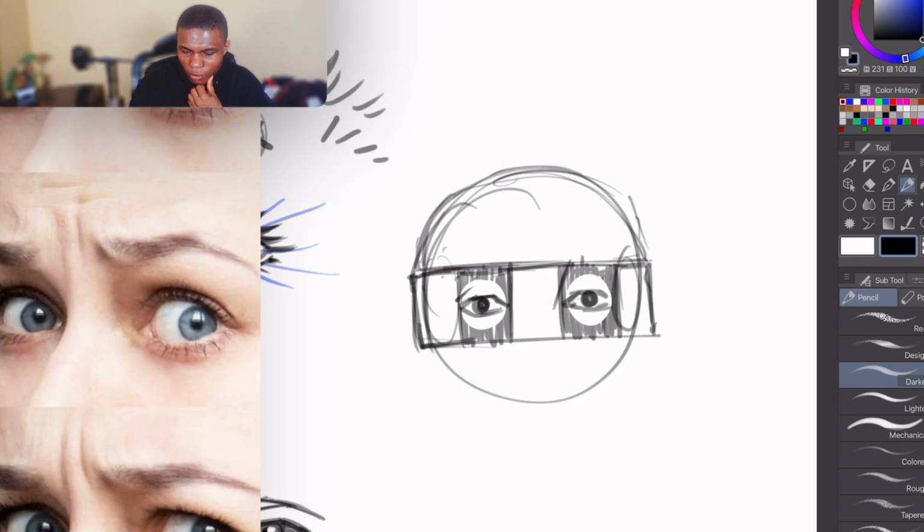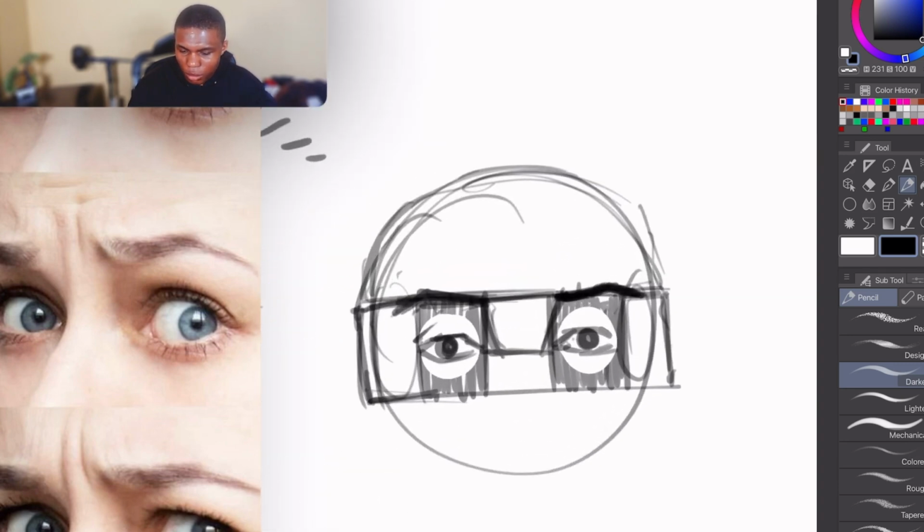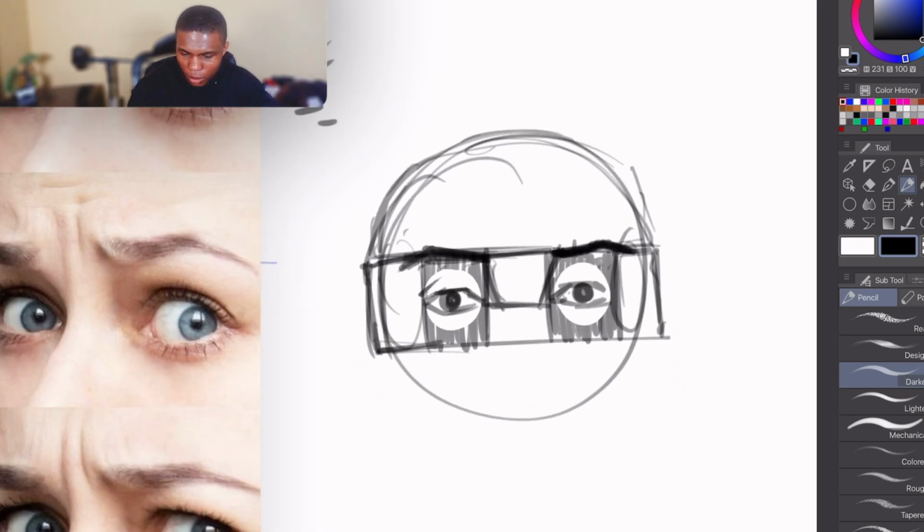You're going to have our glabella in the middle, or the keystone area. I forgot to talk about the eyebrows. But our eyebrows are going to be there, and the space between the eyes is where the nose is going to be.